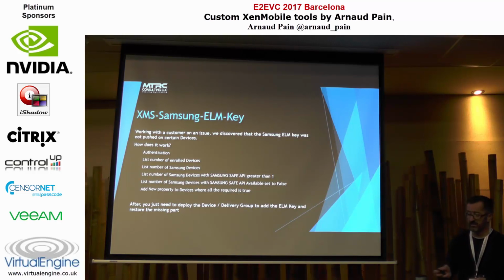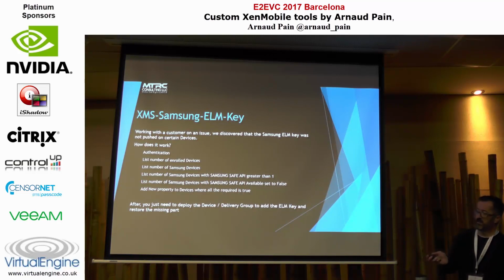When you create a super bundle on XenMobile, you get an LAM key, the real value and not the encrypted value. This value is the same for every implementation. So we decided to create a script to check the device, create a new property, and put the device policy on those devices if the property is set.